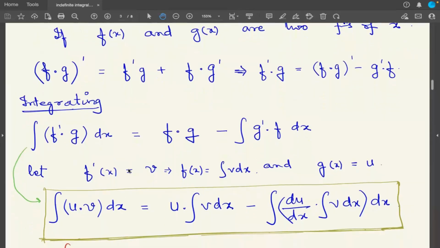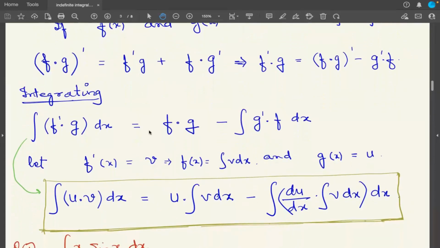So when we solve that, what we get is f g minus integration of differentiation of g dot f dx. I know it seems a little bit complicated, but as we proceed, things will start looking easy, okay? This is just to show, but try to understand. By the time this line comes, everything will be understood.